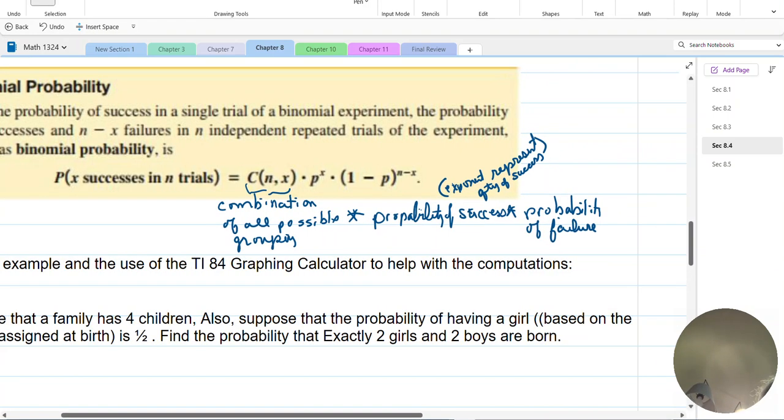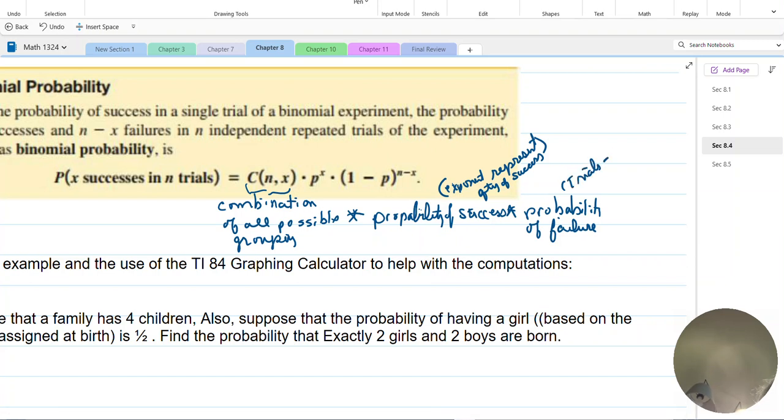And this one is the difference: the trials, or I shouldn't say trials, choice, minus success.